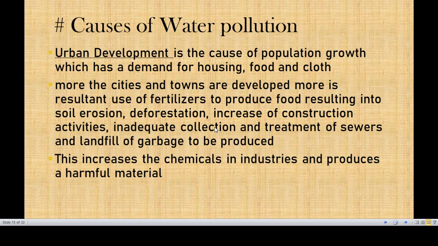So more cities are developed. The more cities are developed, fertilizers will be used more, garbage will be produced and dumped more, deforestation will take place at a larger scale, and chemicals will be released from the industries in larger amounts. So it will directly develop into a kind of pollutant.